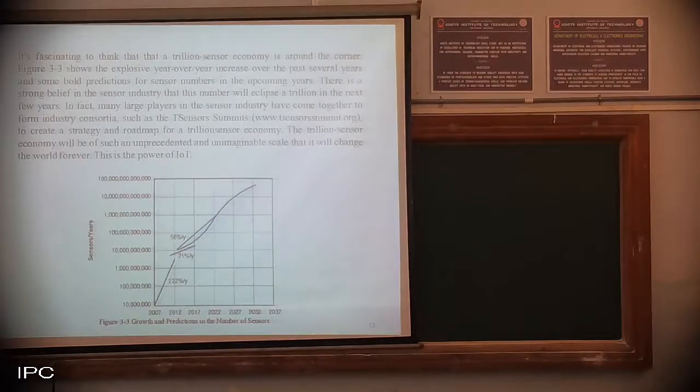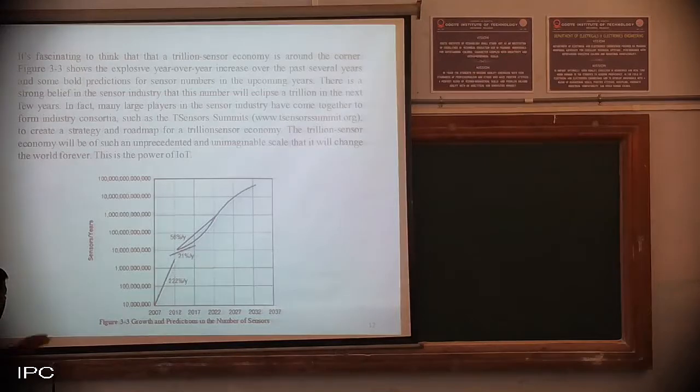This is the growth and prediction of the number of sensors. You can observe that in the beginning of 2017 only 1 crore sensors were existing, and year by year it is increasing. In 2022 it is nearly 100 times that, meaning more than 100 crore sensors.